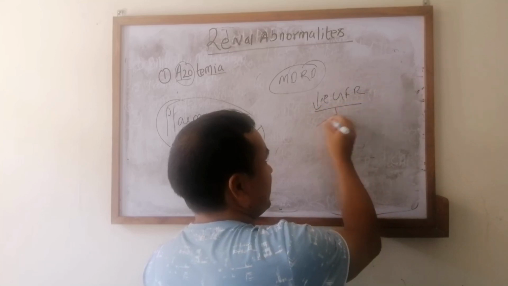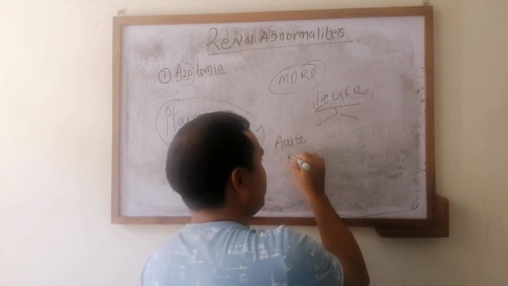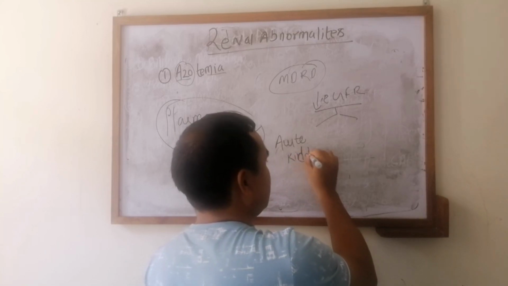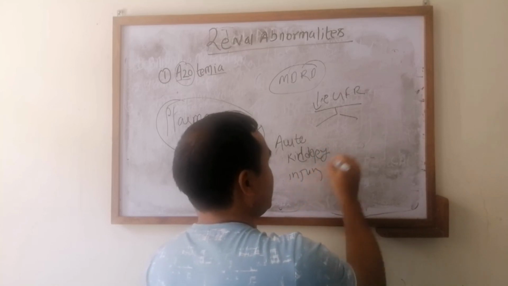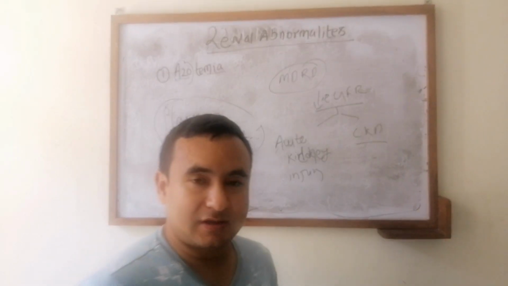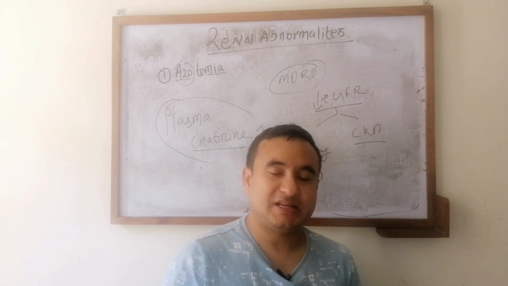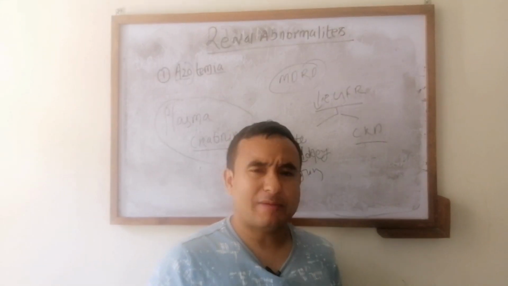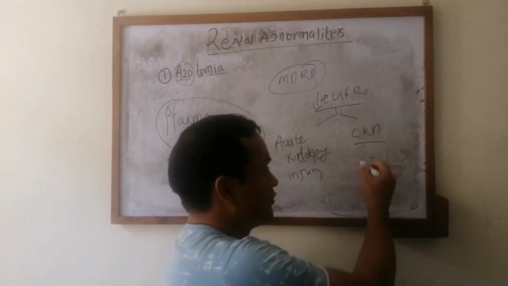One is acute kidney injury, and second is CKD. Let's suppose the plasma creatinine level of your patient is 4 and you estimated his GFR as 15, that is low. Then you have to suppose that it is AKI or CKD. CKD usually occurs for more than 3 months.